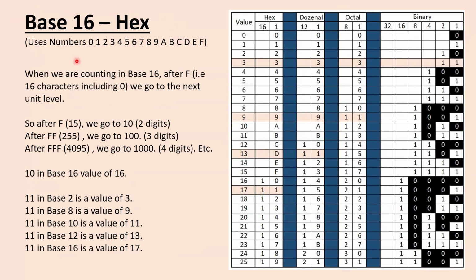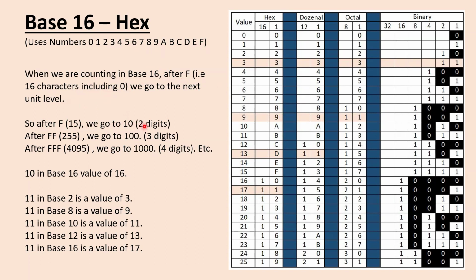Base 16 uses numbers 0, 1, 2, 3, 4, 5, 6, 7, 8, 9, A, B, C, D, E, F, 16 unique numbers. When we're counting in base 16, after F, i.e. 16 characters including 0, we go to the next unit level. So after F, a value of 15, we would write 10.